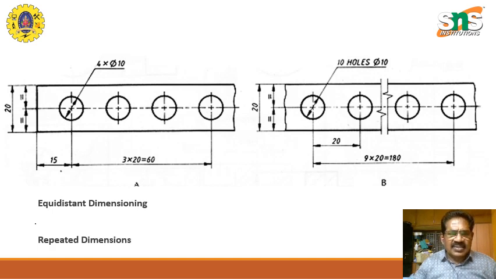This talks about the distance or the location, whereas this talks about the size of the hole. If the strip is very large, I don't have to draw everything to scale. I can truncate the drawing, so that one can understand that there are 9 spaces of 20 distance each, and the distance between the first hole and the last hole is 180 mm. So totally there are 10 holes here. That's an easy way of repeated dimensioning and equidistant dimensioning.